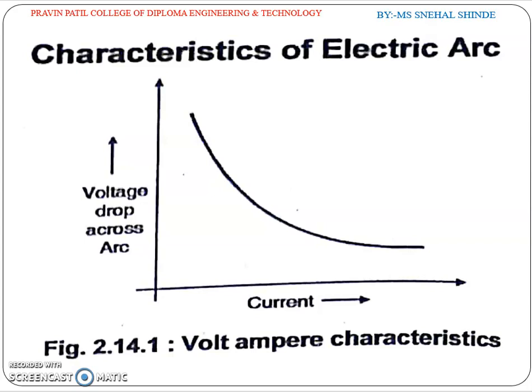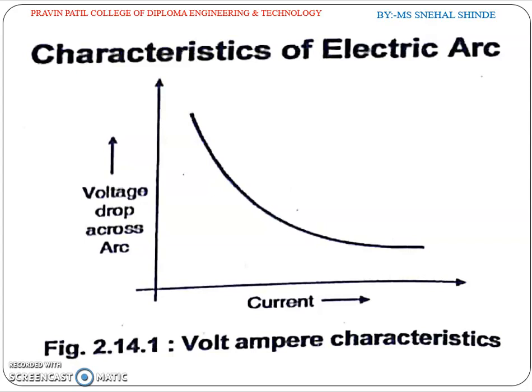On the X-axis, the current is plotted, and on the Y-axis, the voltage drop across the arc is plotted. You can see in the graph, it is not a linear graph. That means it is not that as current increases, the voltage increases.